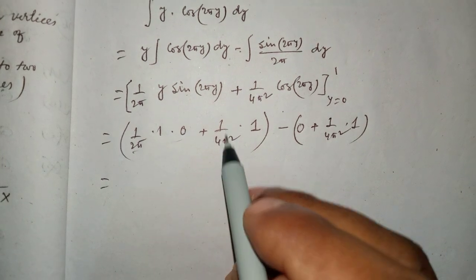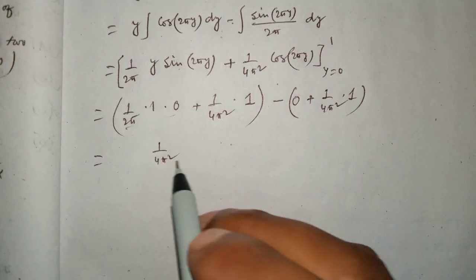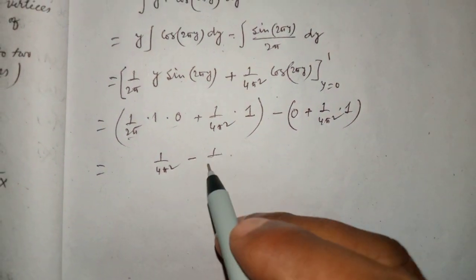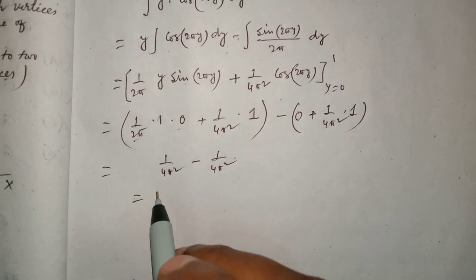So it is 1 by 4π square minus 1 by 4π square, which is 0.